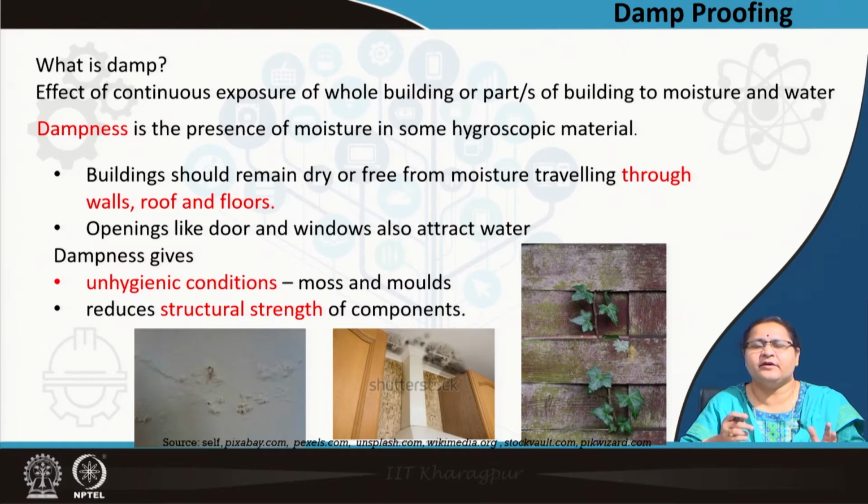We have to keep our building as dry as possible, but we have to keep our building open to atmosphere. So, if the atmosphere has a lot of moisture, the choice of paint should be such that it will protect the building from moisture entry. But you cannot stop it, you can only take precautions or measures when you are making a building.